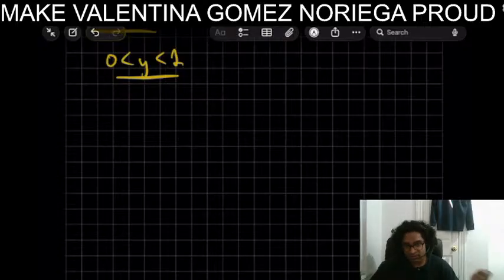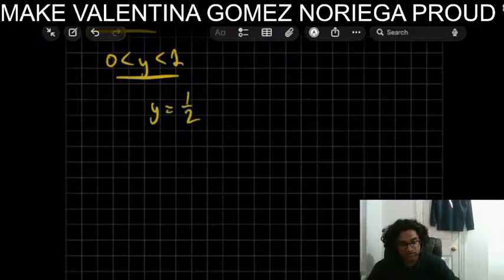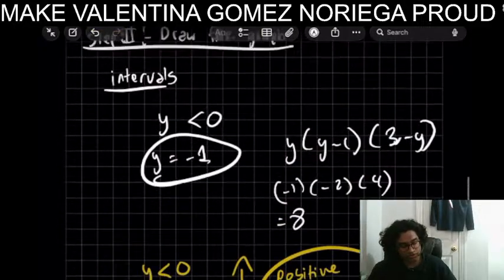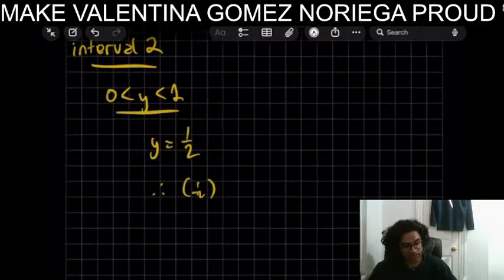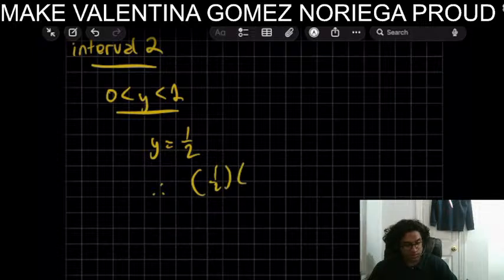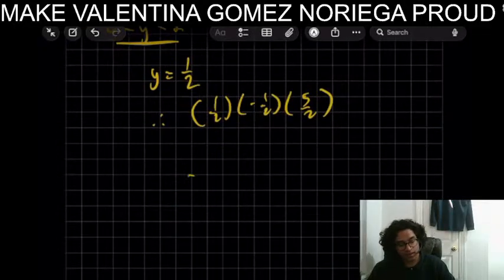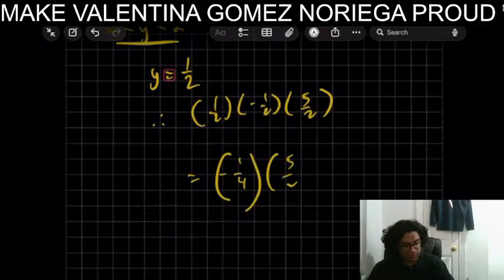Obviously, the only option we can go for y is a real value. I'm going to say y is equal to half. What was the equation again? y minus 1, 3 minus y. So y minus 1, 3 minus half, 5 by 2, minus 1 by 4 times 5 by 2.